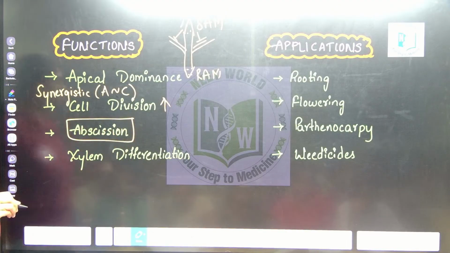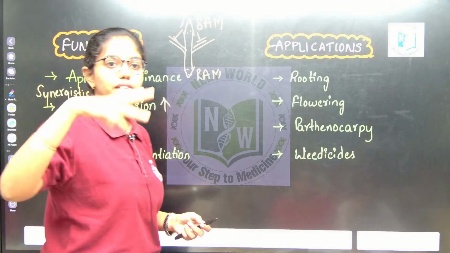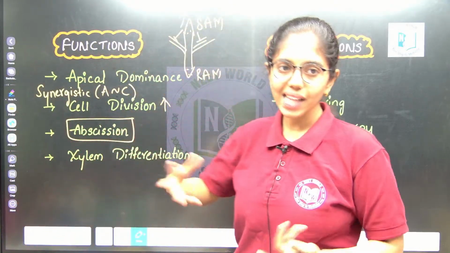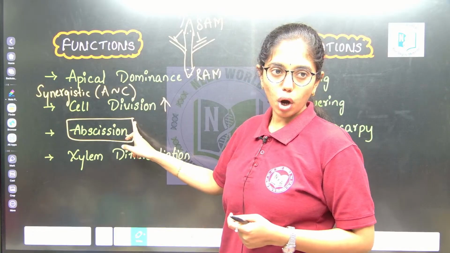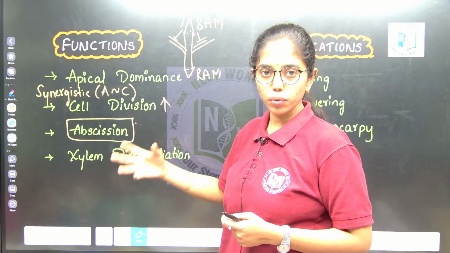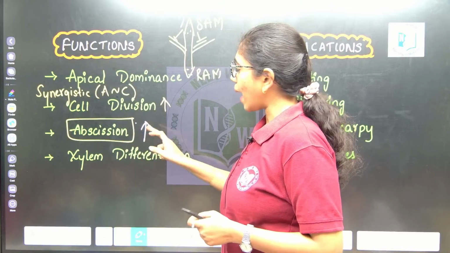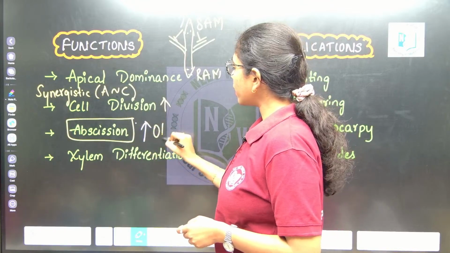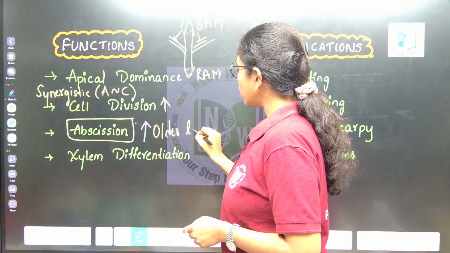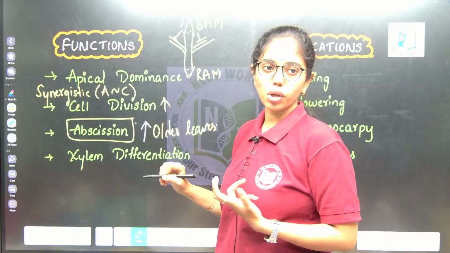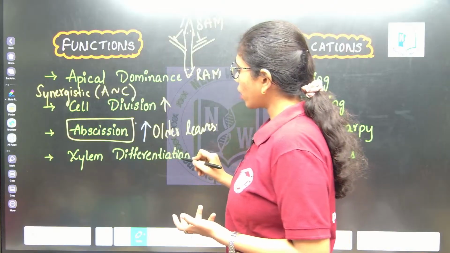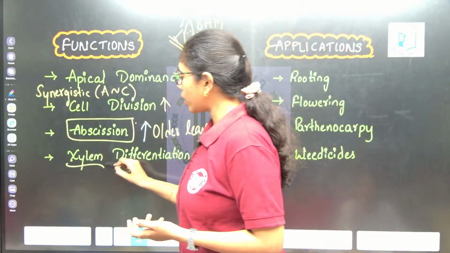Next, abscission. What is abscission? Fall of leaves and fruits is known as abscission. Auxin will prevent the abscission of younger leaves and younger fruits, and it will promote the abscission of older leaves and senescent parts of the plant. Next is xylem differentiation.